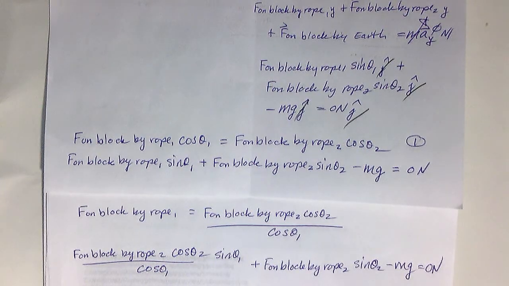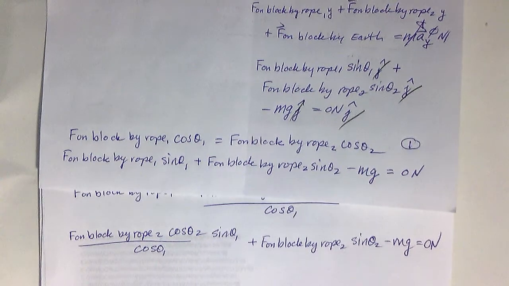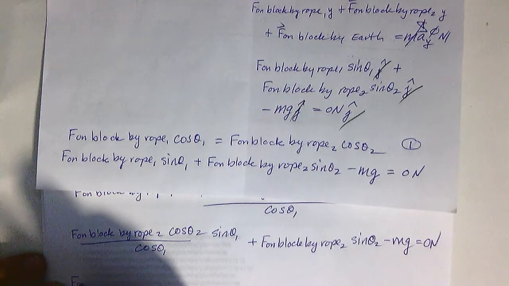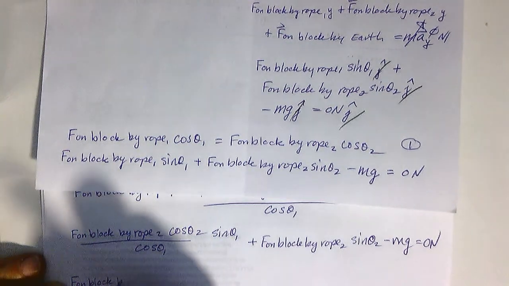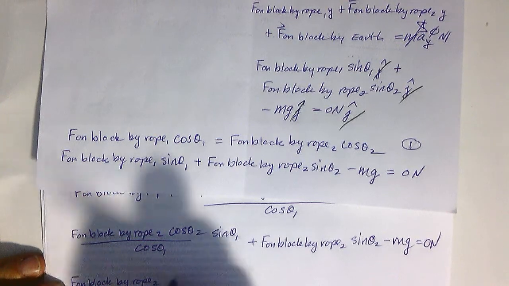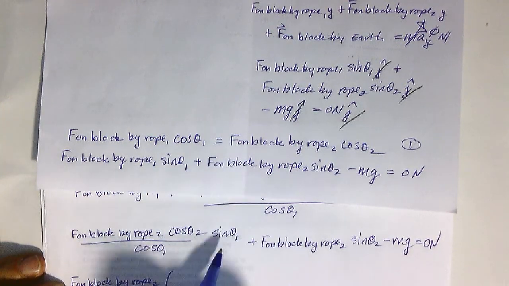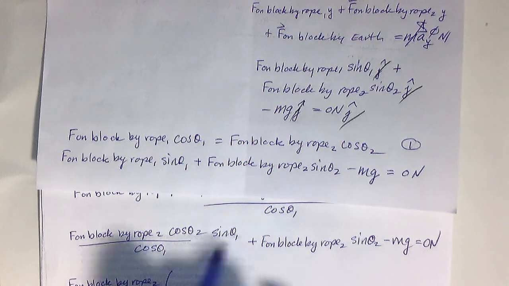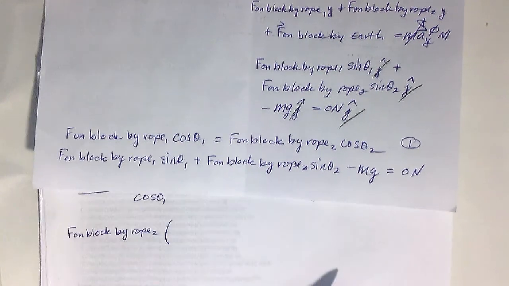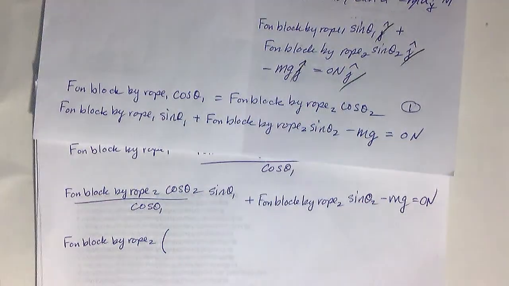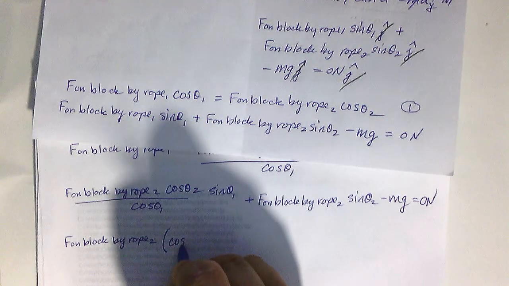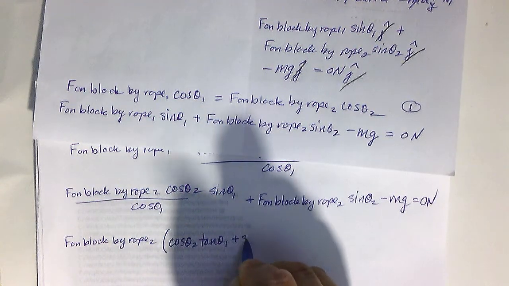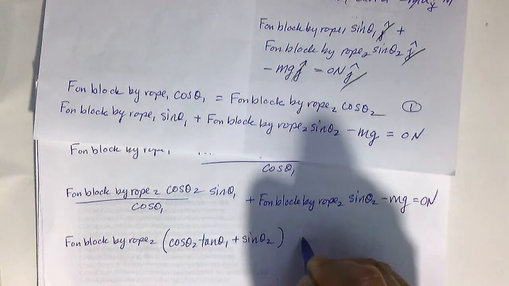Now I can factor out a force on block by rope 2 and simplify this. Sine theta 1 divided by cosine theta 1 is just tan theta 1. So I'm going to make this cosine theta 2 tangent theta 1 plus sine theta 2.